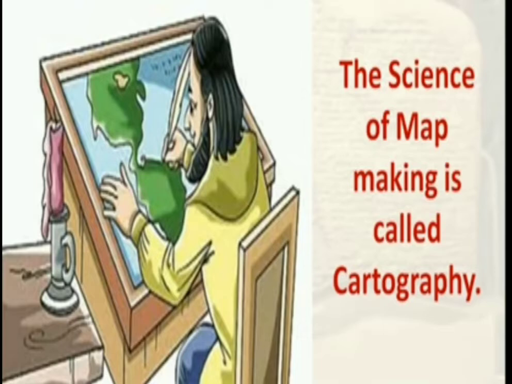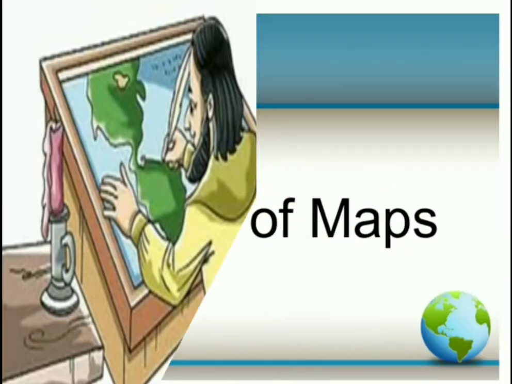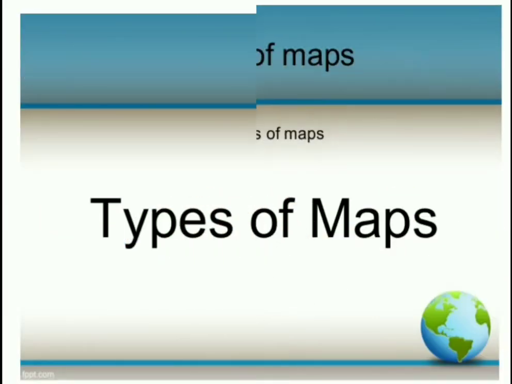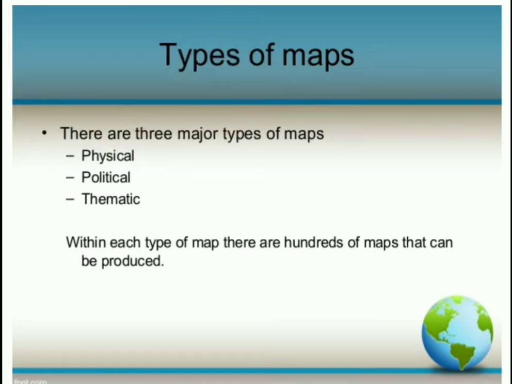So let us begin our discussion on types of maps. There are three major types of maps. One is the physical map, second one is the political map, third one is the thematic map. Within each type of map, there are hundreds of maps that can be produced.